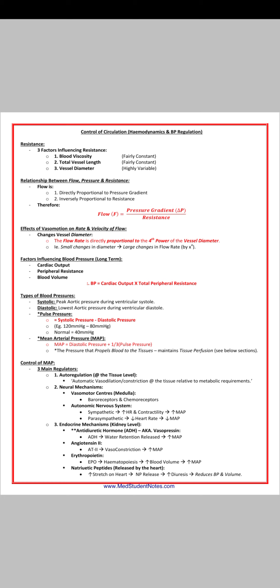Next is control of mean arterial pressure. Mean arterial pressure is the mean pressure value, which we can find from the equation: diastolic pressure plus 1/3 of pulse pressure. So the PP is identified by systolic minus diastolic.